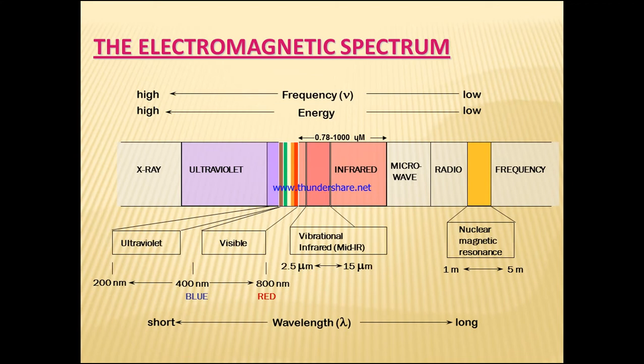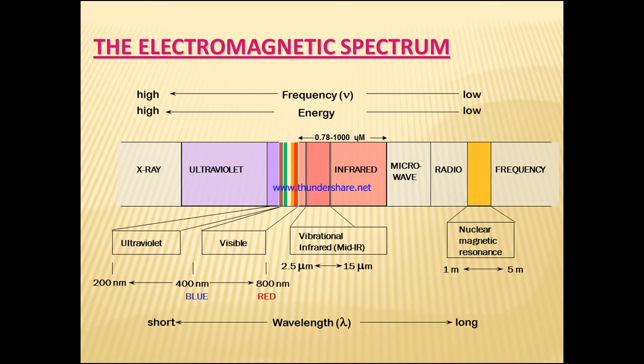The X-ray technique has high frequency, high energy with short wavelength, and ultraviolet has high frequency, high energy, and a short wavelength, that is 400 nanometer. In the same way we are having the infrared rays, which have high energy, that is high frequency, as well as the short wavelength.